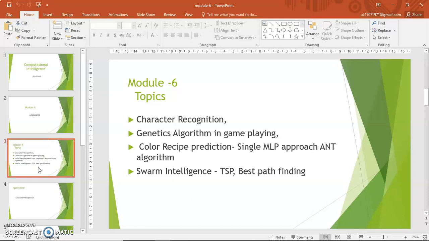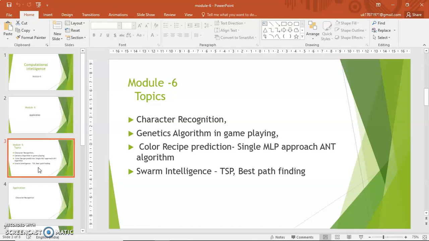One methodology to solve this problem is known as ant colony. Then there is one more methodology called swarm intelligence. This methodology we have already studied with respect to the algorithms, how we can use this swarm intelligence. Now we are trying to apply it to the TSP to find the best path for solving the problem.